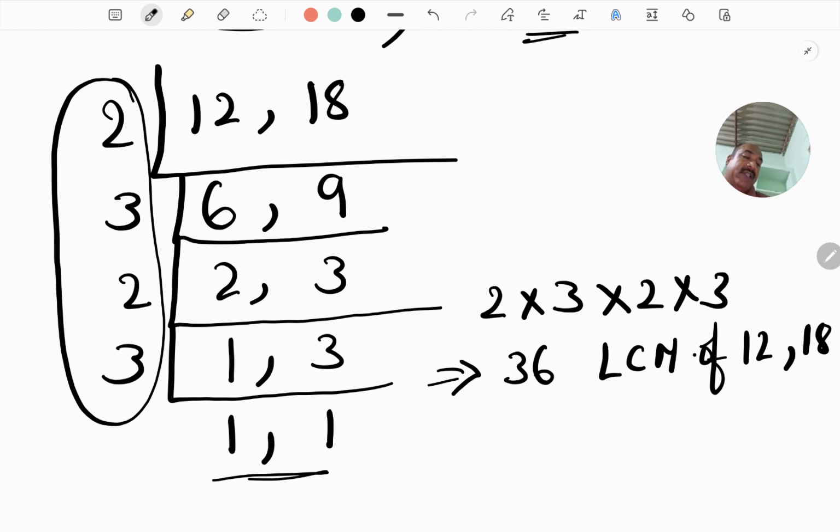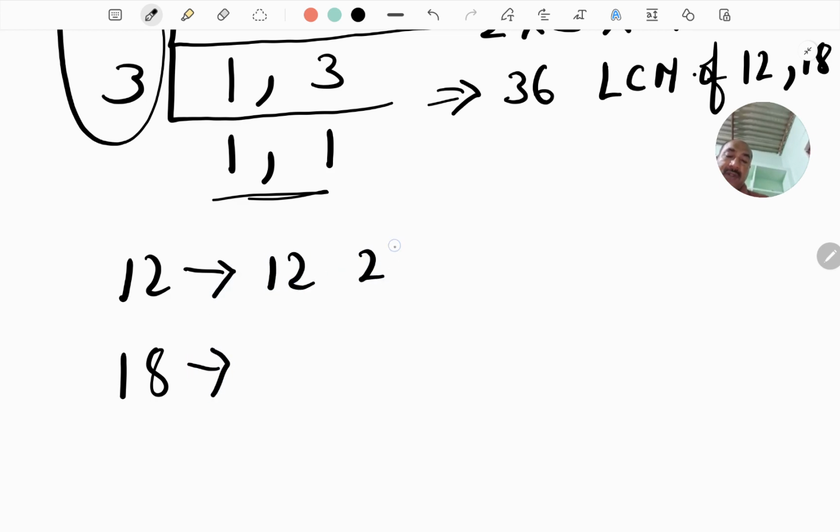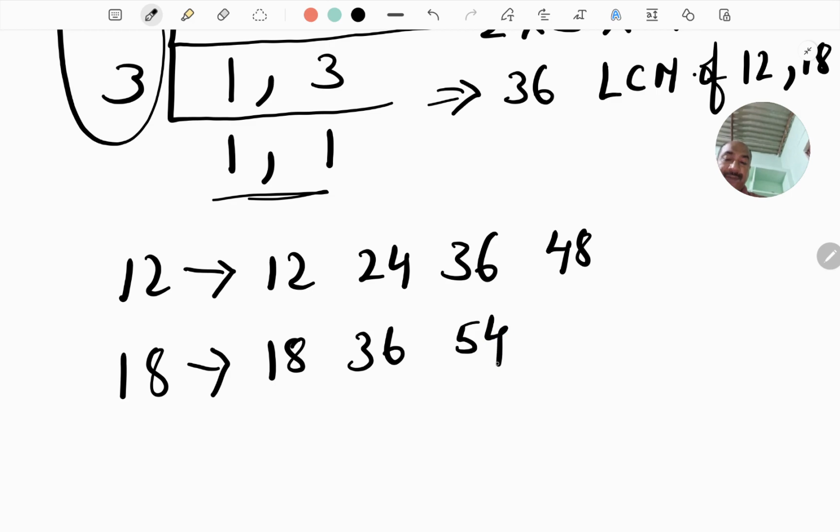With the tables we can check 12 and 18, whether 36 is the smallest common multiple or not. 12 table: 12 ones are 12, 12 twos are 24, 12 threes are 36, 12 fours are 48. 18 table: 18 ones are 18, 18 twos are 36, 18 threes are 54.